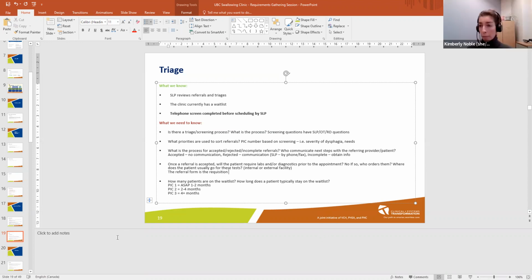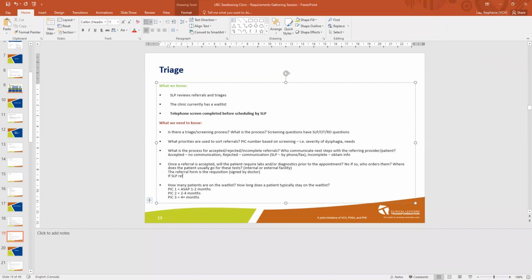It could be anywhere. And if the SLP is the one that is referring, who would be the signing physician? It would be the attending physician for the patient. So if it's an inpatient that's being discharged that they want to refer for outpatient follow-up, then the attending physician would be the one that signs the referral. Okay, perfect. Thank you.